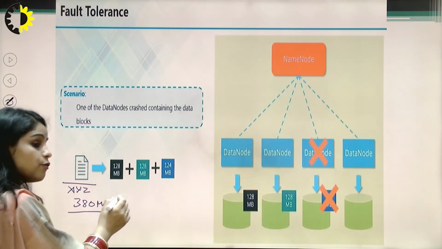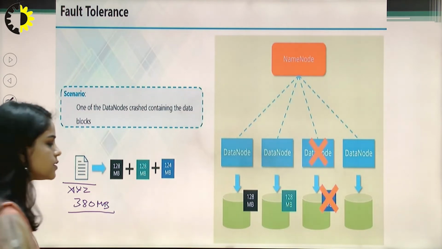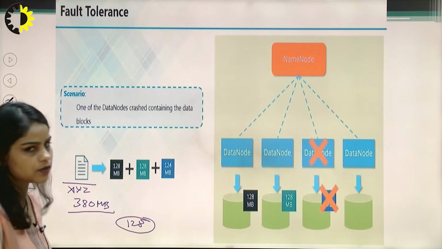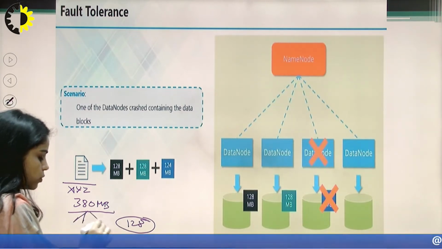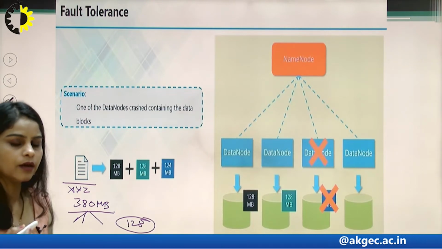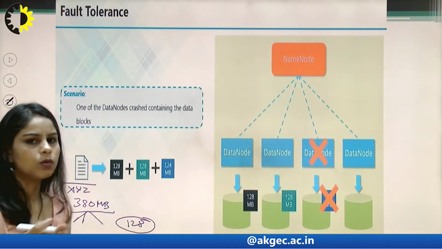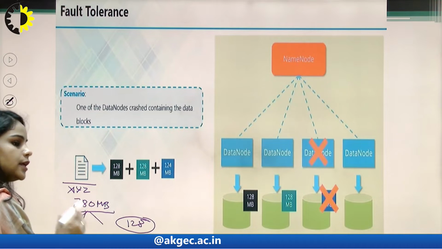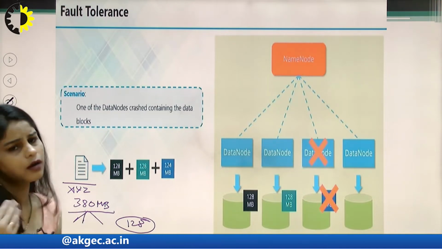The default block size for storing data in HDFS is 128 MB. So we have to divide this file into smaller chunks, where each chunk is of size less than or equal to 128 MB. So I have to divide this 380 MB file into smaller chunks of 128 MB each or lesser.